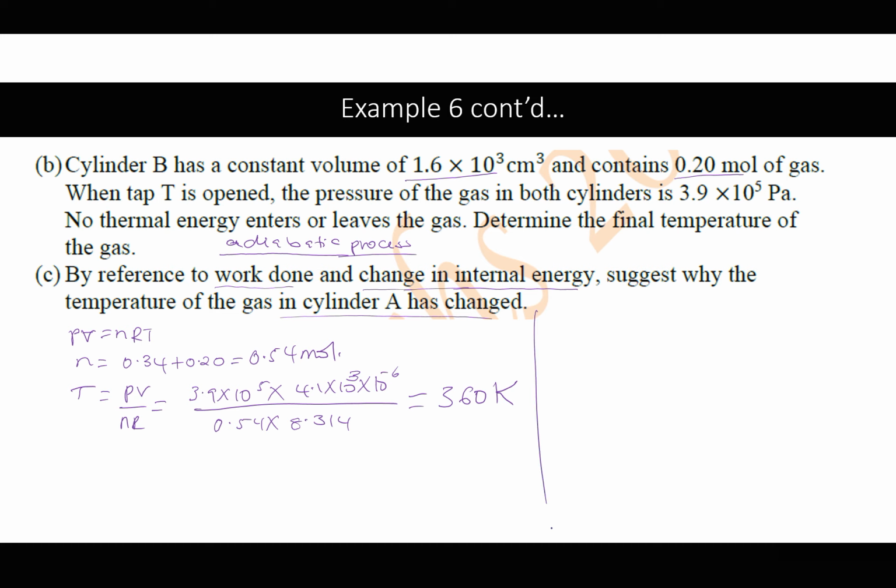You will notice that when the tap is opened, cylinder B is at a higher pressure than cylinder A. What does that mean?